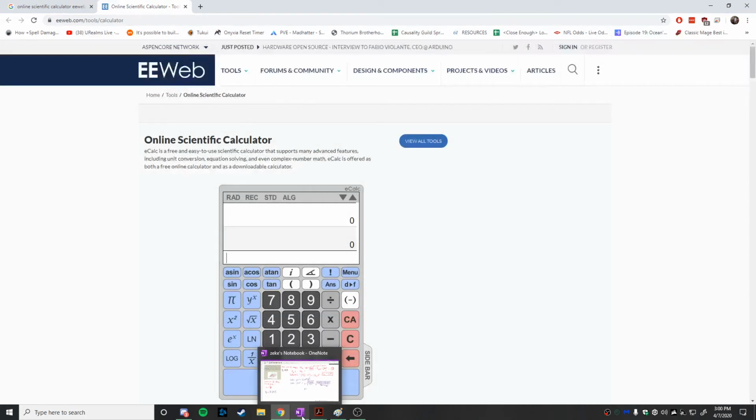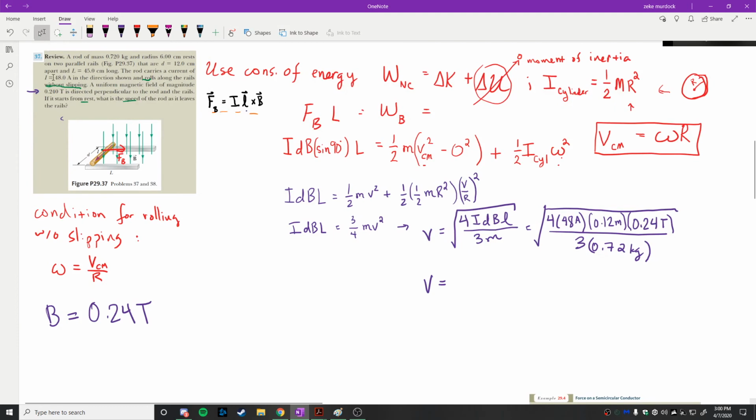Anybody else get an answer? What was mass? The mass is right here, 0.72.